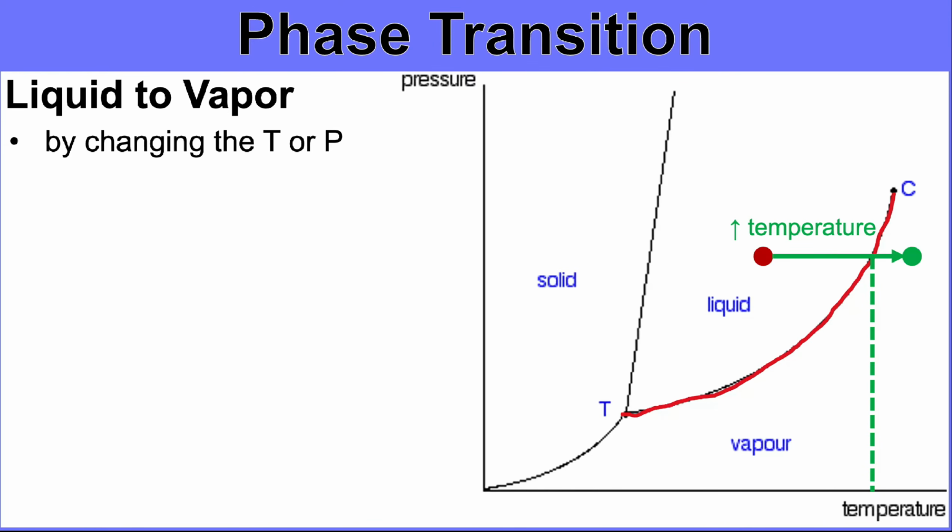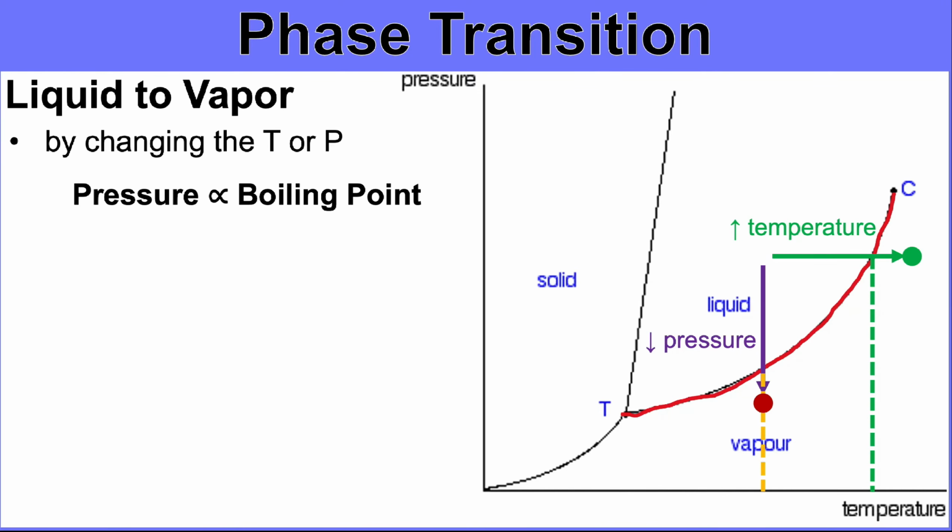So let's say you decrease the pressure, you will have the sample here, giving you the new boiling temperature. Now, if you notice, as the pressure decreases, the boiling point decreases. So we can say that the pressure is directly proportional to the boiling point.